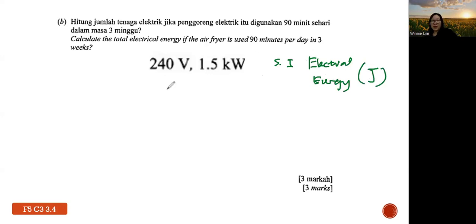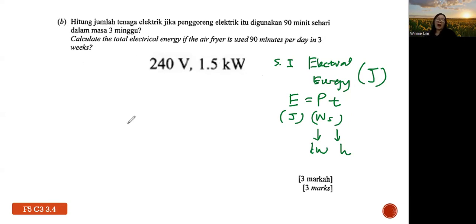But when we calculate the electric bill, E equals PT. Joule is the same as watt second, but because the watt second value will be very big, normally they change the power to kilowatt and the second to hour, for calculating the electric bill later on. This question, I didn't mention, so you can still remain the answer in joule or kilowatt hour.